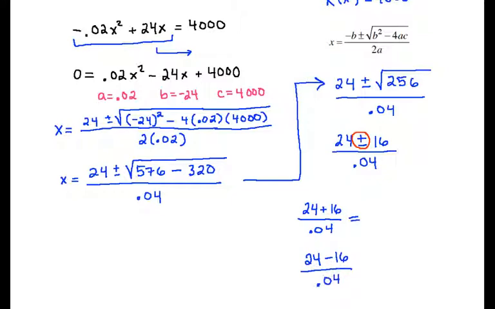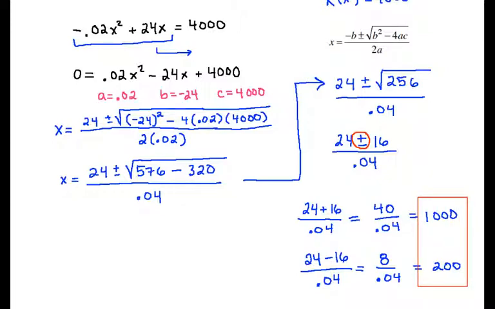This turns out to be 40 divided by 0.04, which comes out to 1,000. This turns out to be 8 over 0.04, which works out to 200. So we got two solutions to the equation.